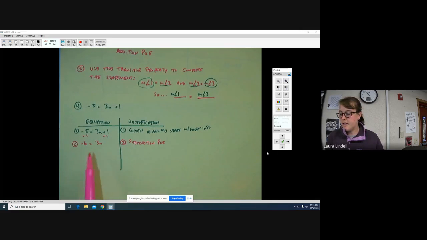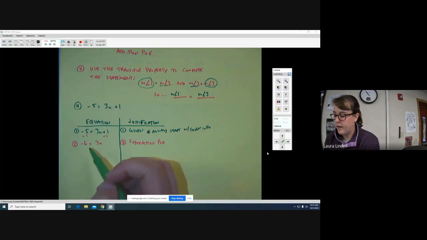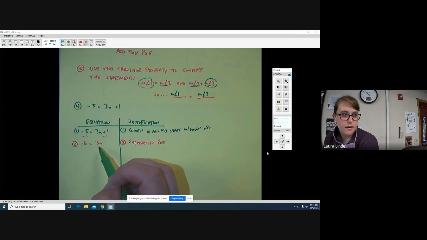So what would my next step be to solve this equation? If I have -6 equals 3n, what do I have to do to get rid of the 3? Yeah, divide, Owen.